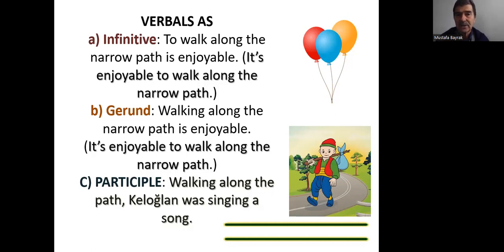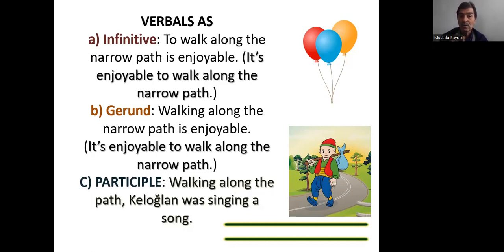This is not our subject today, but let's make one more sentence. What else is enjoyable? It's enjoyable to watch a cartoon film. Yes. Okay, now let's focus on the participle, present participle.